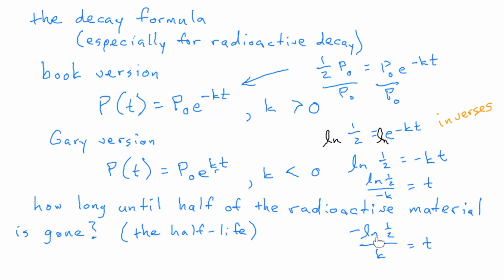So 7 times the logarithm of something is the logarithm of something to the 7th power. So a negative logarithm of something is the logarithm of the something to a negative 1 power, right? And so this ends up being the same as the natural logarithm of 2 over k equals t.